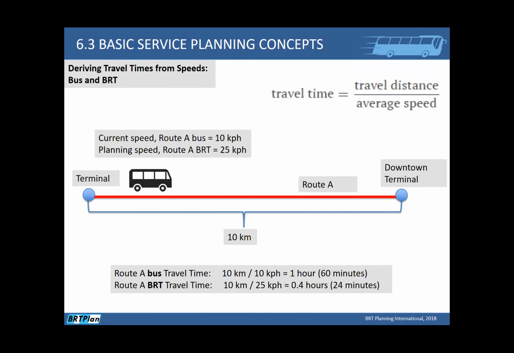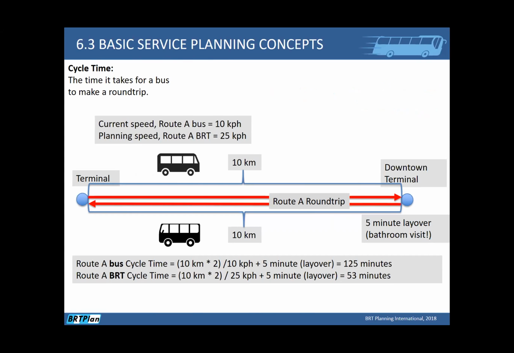We usually assume that if the BRT would move at a good BRT pace, it would move 25 kilometers an hour. And if the current buses, let's say they're probably running about 10 kilometers an hour, if they were running much faster, you probably wouldn't need to build a BRT there. So this is just a set of relationships. We put it here so that you don't forget how to do this kind of basic equation.